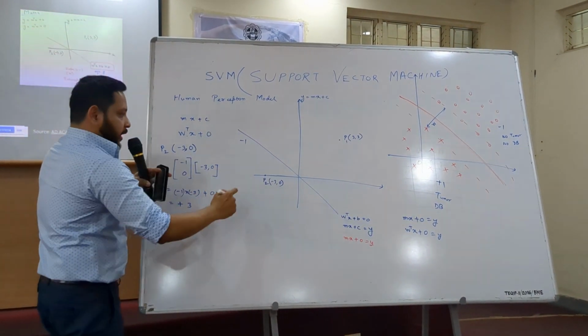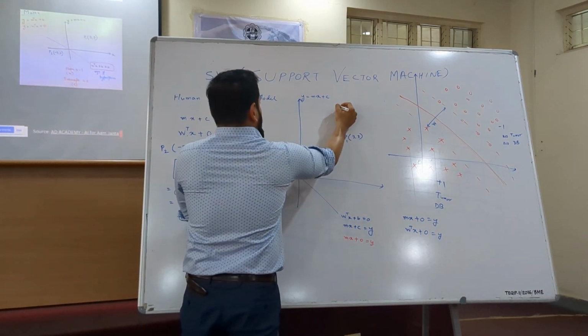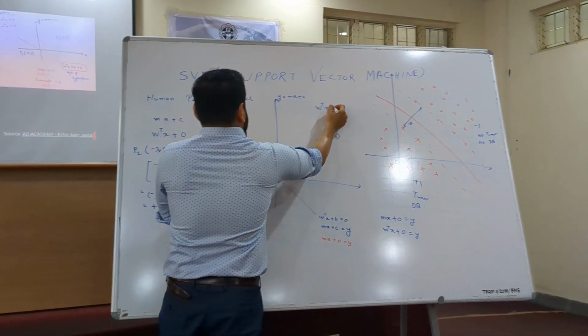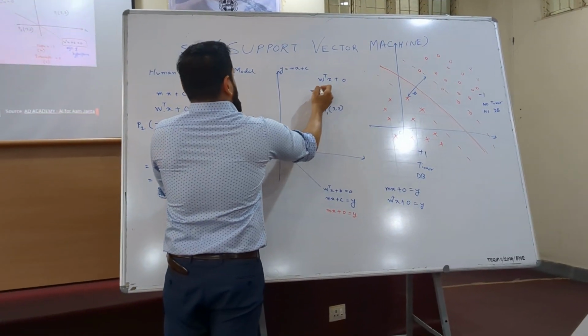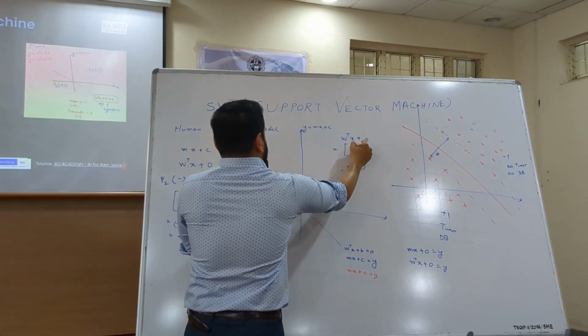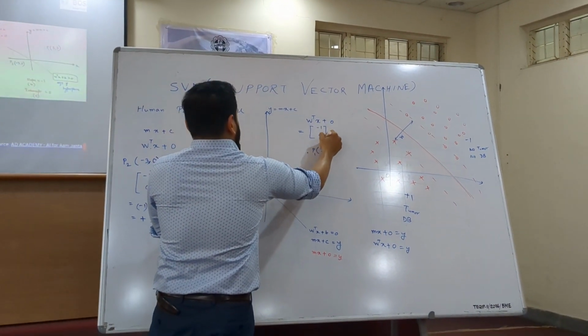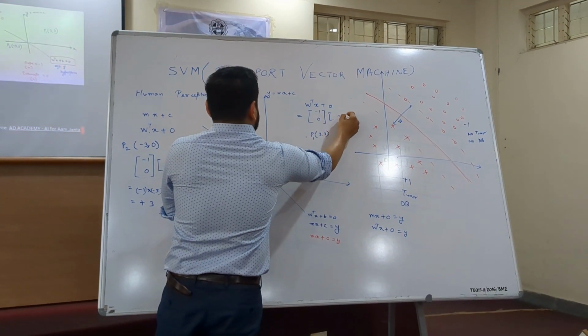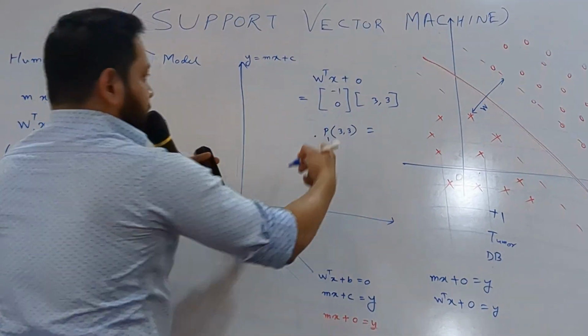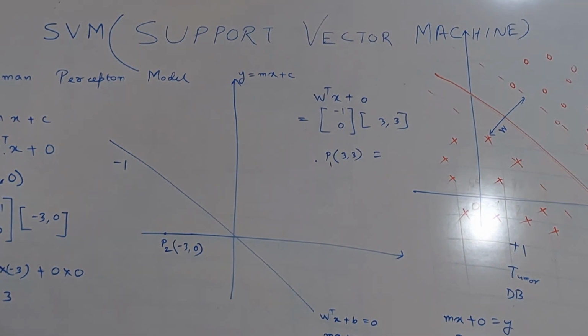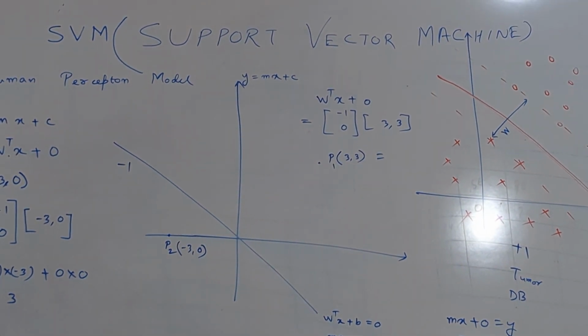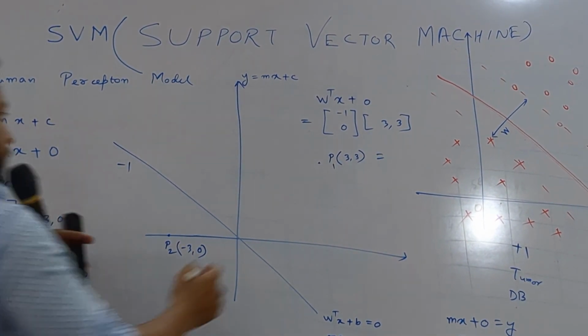Right? Same thing now if we do for P1, W transpose x plus 0. So W transpose is the same, like minus 1, 0, and x is 3, 3. So what will be the value? Minus 3. Minus 3, right?